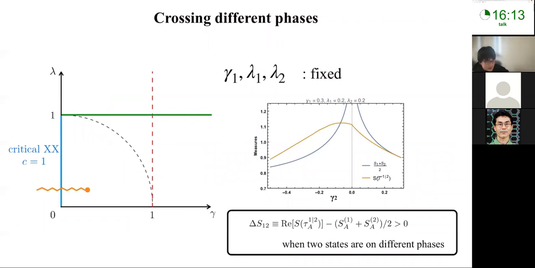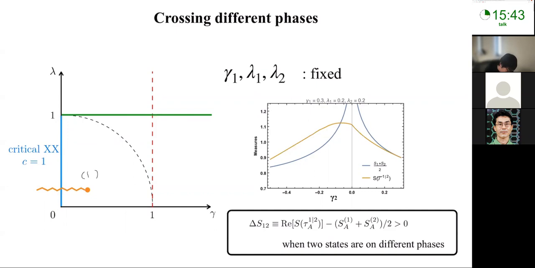We can do the same thing for another critical line. So we have the critical XX model here, and again we fix one state here, and the second state moves in this direction. Sorry, I fix the first state here. Okay, I was right.